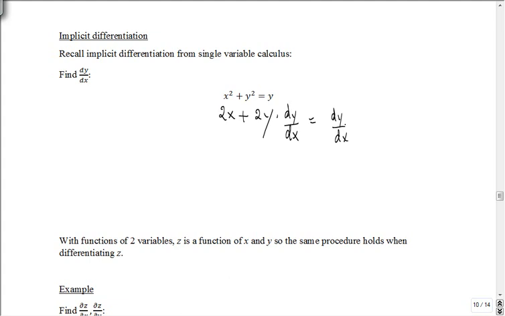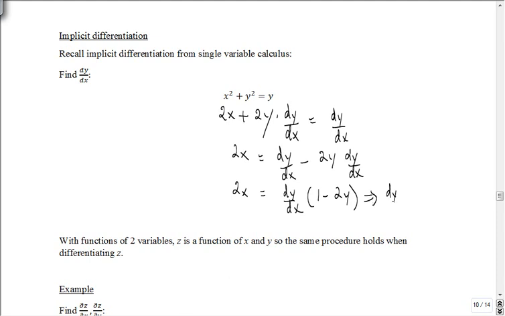And you just solve for dy dx. So you'll have 2x equals dy dx minus 2y dy dx. Factor out the dy dx: 1 minus 2y. And so this tells us that dy dx is 2x over 1 minus 2y. So that's how you did it in single variable calculus.